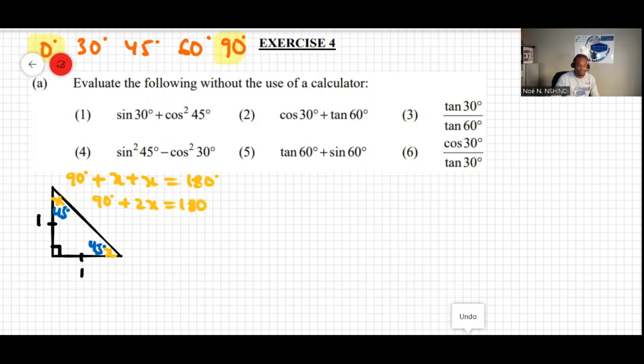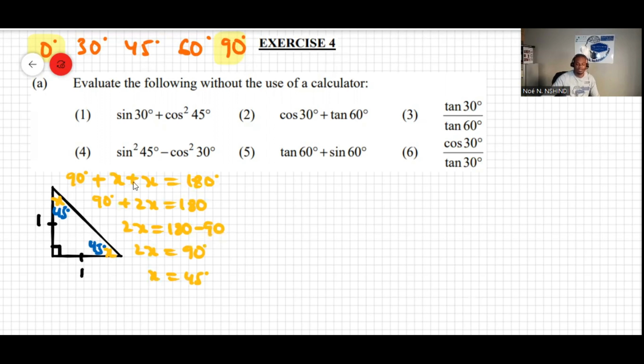Then I move the 90 over, so 2x equals 180 minus 90, and 2x will be equal to 90 degrees. If I divide both sides by 2, x will be equal to 45. That's also x going to be 45 degrees. So that's the reason why these two angles must be 45 degrees.